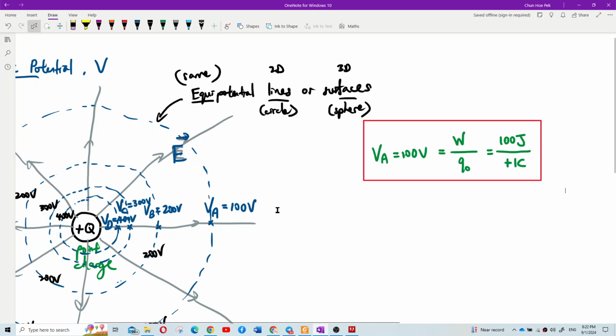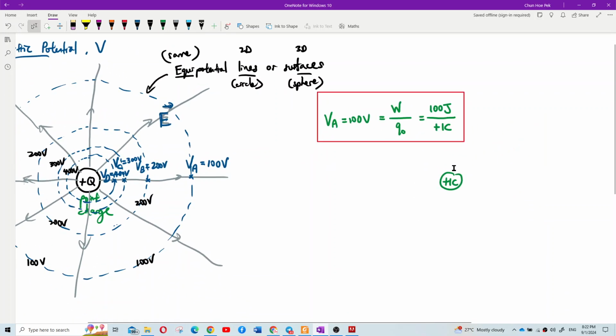So what does 100 volt mean here? It means if I have a positive 1 coulomb very far away. Why must it be very far away, class? It must be from very far away, r equal to infinity.